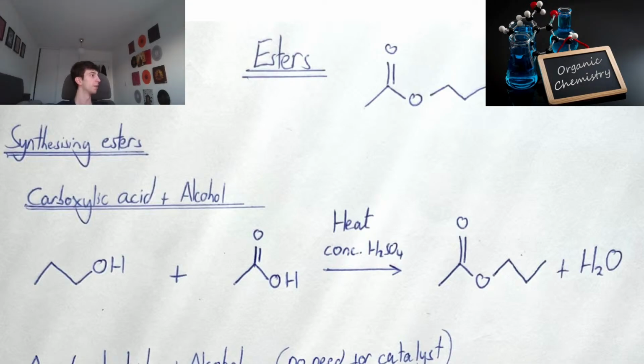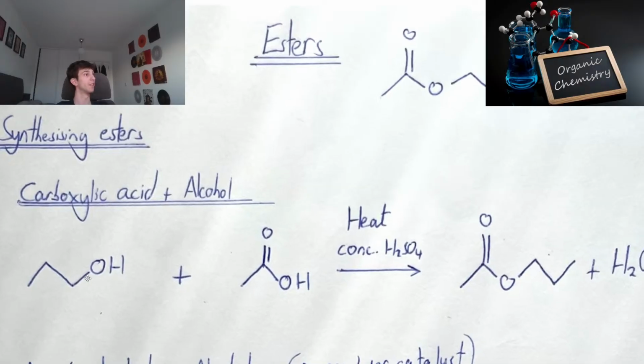I'm seeing people say we lose it from the carboxylic acid. Exactly that, guys. We lose the OH from the carboxylic acid, and we just lose a single hydrogen from our alcohol. It makes sense because you want to leave the oxygen from the alcohol bonded to the carbon with the double bonded oxygen.